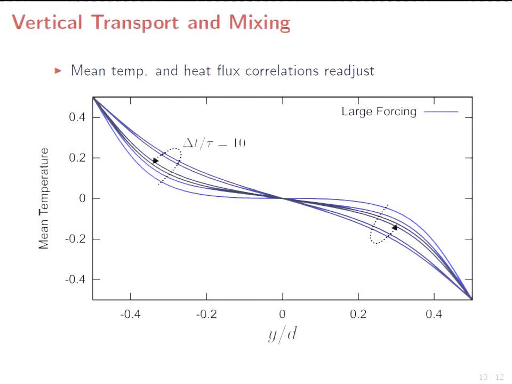So this light blue line is the initial state, and then as the flow is churning, the temperature becomes close to linear, much more so than what you would typically find in a regular turbulent shear flow, and then it begins to recover. Okay, so this is an important aspect of this.